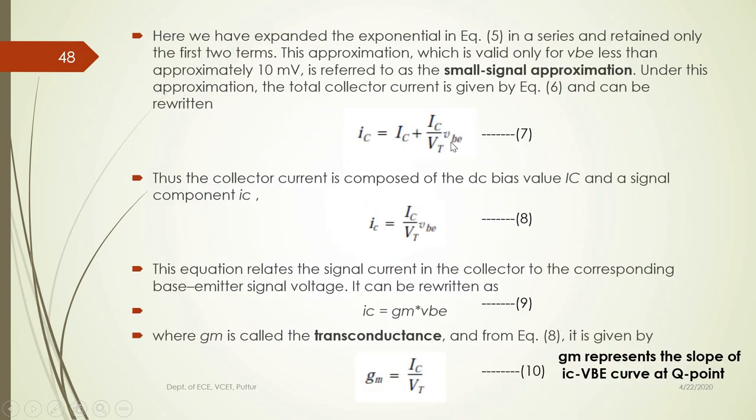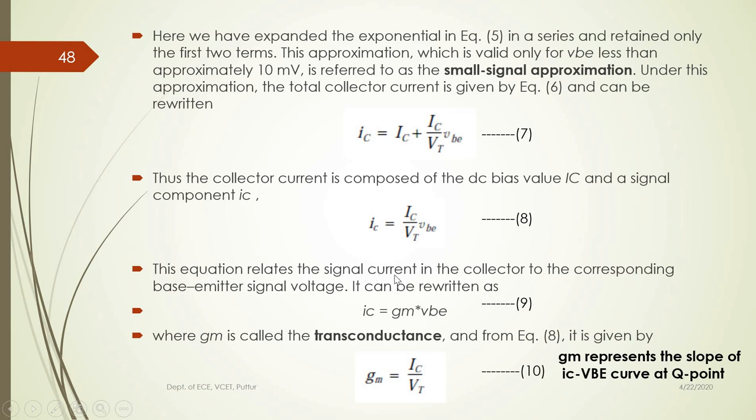See, this vbe is nothing but AC, right? So IC into vbe by VT is nothing but your AC current. So I can say IC is equal to capital letter IC plus small letter ic. So that is what they are telling: the collector current is composed of DC value as well as AC value.